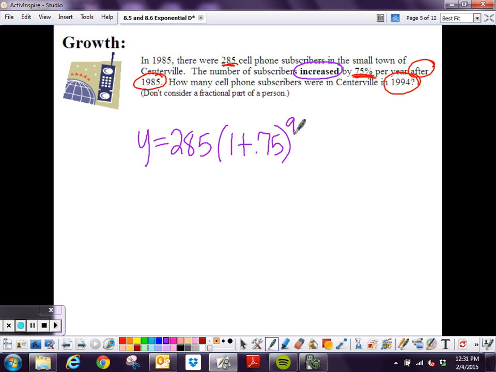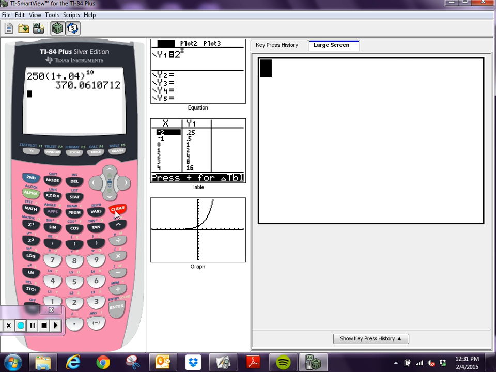Now we have our equation, so I'm going to go back and type this in to calculate it. We've got 285. You can either add 1 and 0.75 or just type it in like it is. So 1 plus 0.75 to the 9th power.